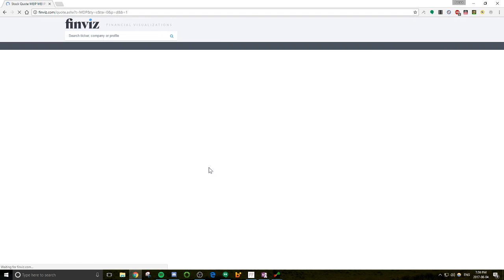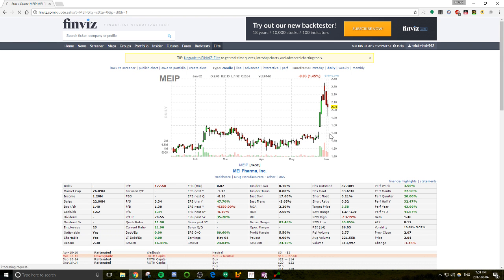I talked about this one today, MEIP. And the reason why I like this for a potential long is we had a run up, we've had a pullback, and you can see this bottom wick. That's a big bottom wick. That means that there's buying pressure. There's buyers coming in and buying that dip up. And it's over the $2 support area. So now you have whole dollar support.